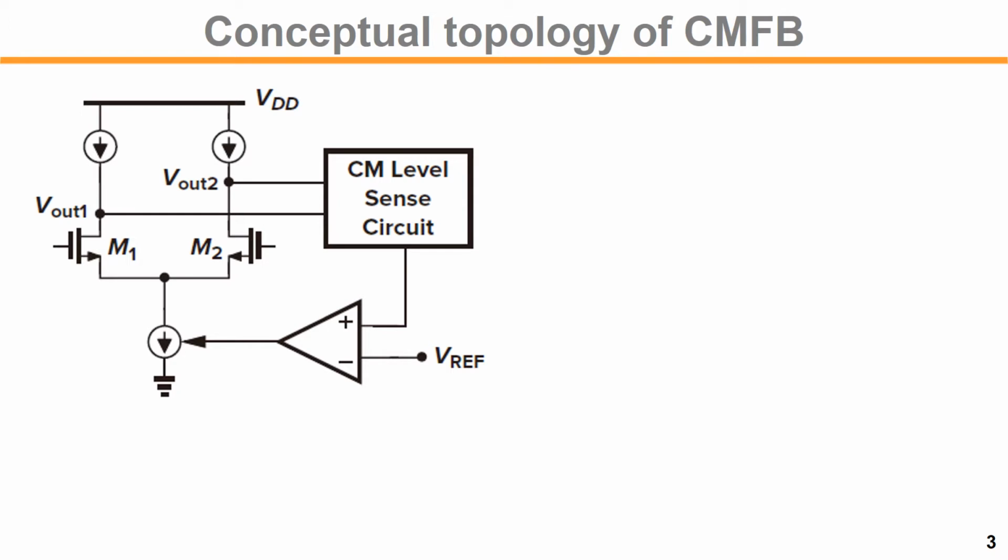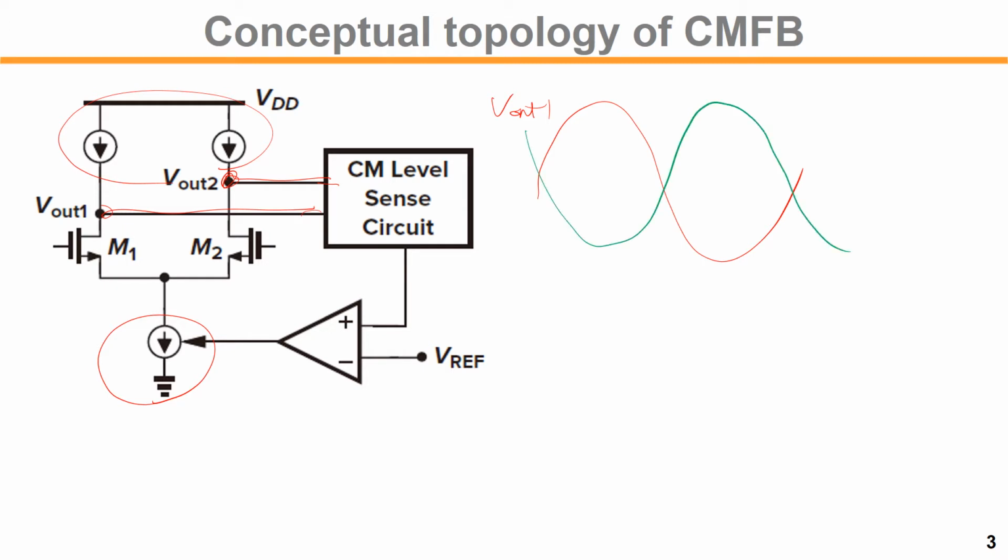Let's take a look at it in more detail. So any feedback circuit here, pull down and pull up, and sense the output level, and then find the common mode level of the output. So even though the amplifier swings like V out 1 and V out 2, like this, right? The common mode level is defined by what?